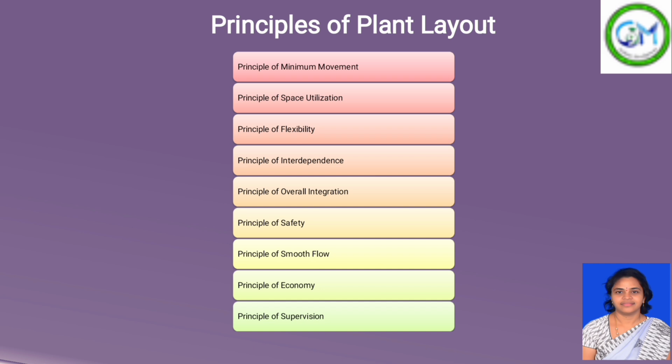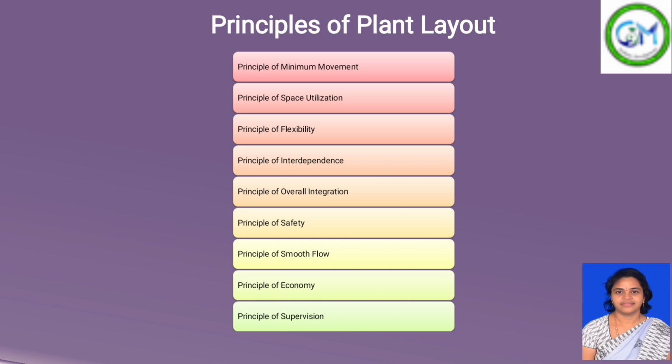The second one, the principle of space utilization. All available cubic space should be effectively utilized, both horizontally and vertically, so that we can utilize our space in a better manner.